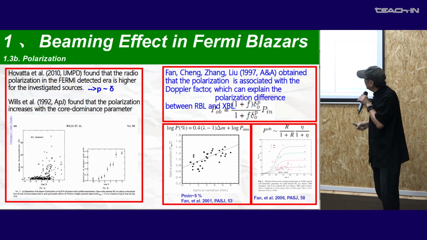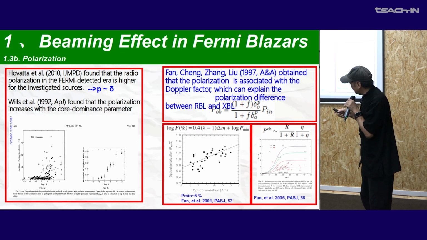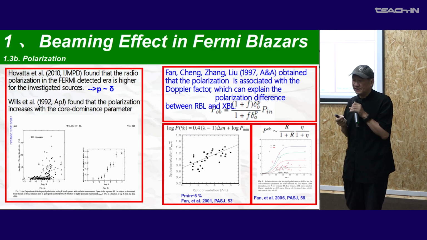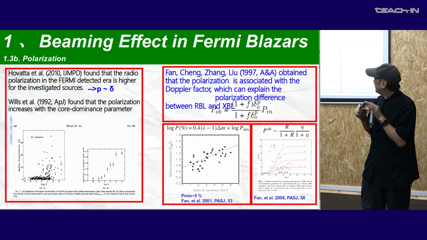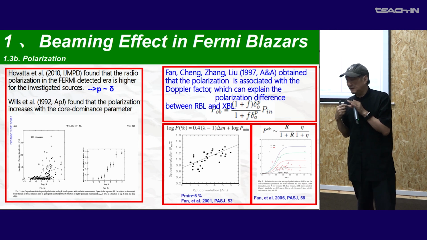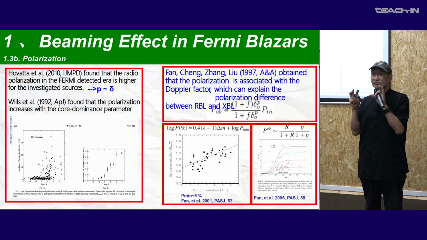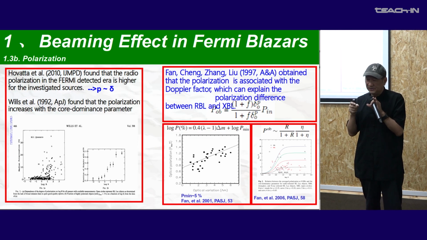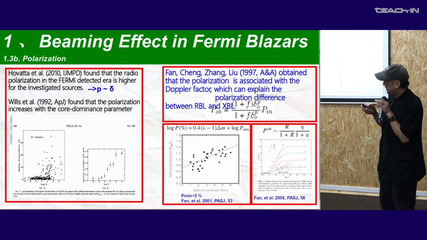In 2010, Howard observed that the radio polarization in Fermi detected sources is higher. It suggests that for the sources detected by Fermi, the polarization is higher. It perhaps suggests that the emission is boosted during the period.